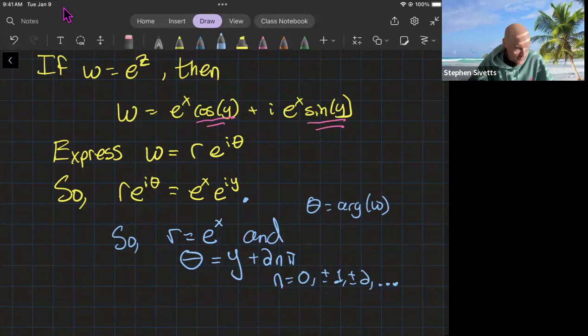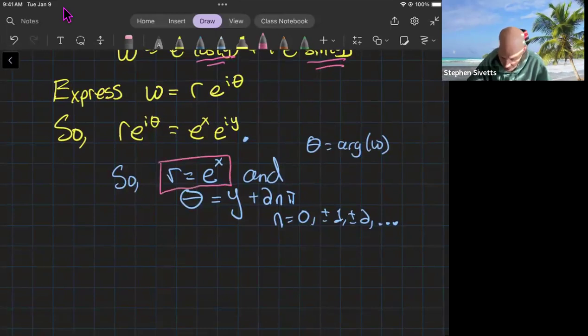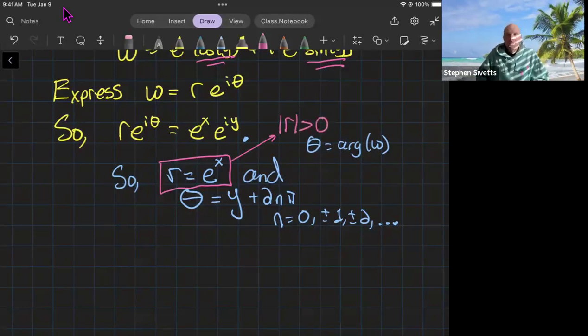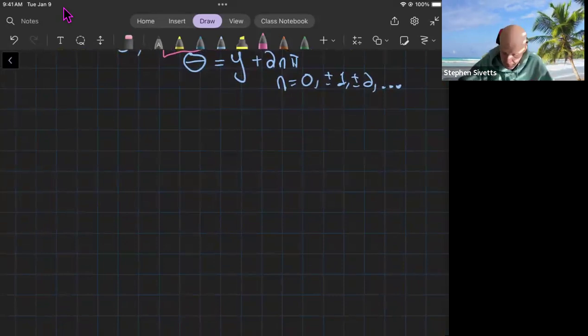And e to the x, as you know from algebra, is never 0, so the condition is that the modulus r is positive, the absolute value of r is positive. Take note of that as well. That's how you figure out the modulus and the argument of the complex exponential function.